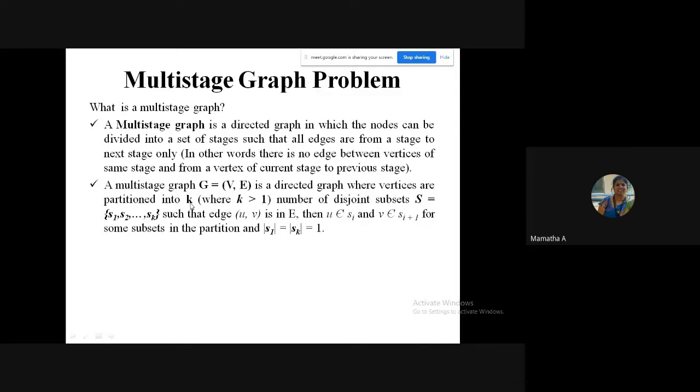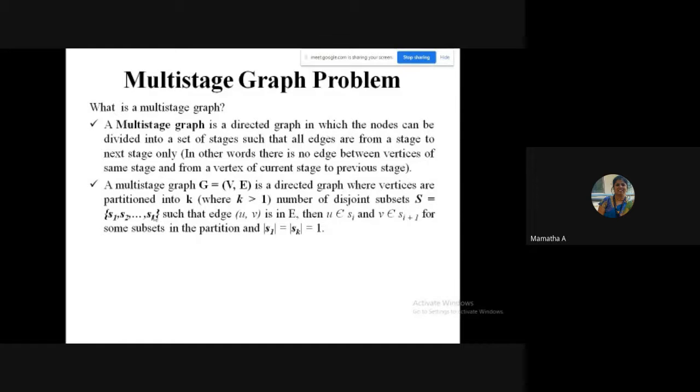Disjoint subsets S, where S equals S1, S2 to Sk. S1 will have the subset of vertices belonging to stage 1, S2 belonging to stage 2, similarly till Sk, where Sk will have all the vertices belonging to the kth stage. Are you all understanding?